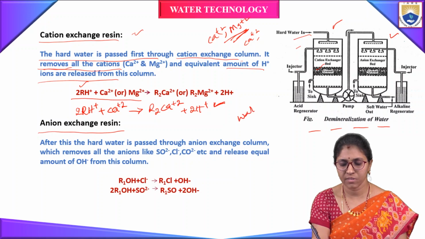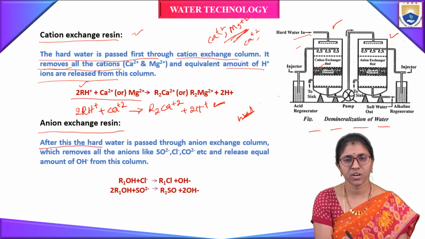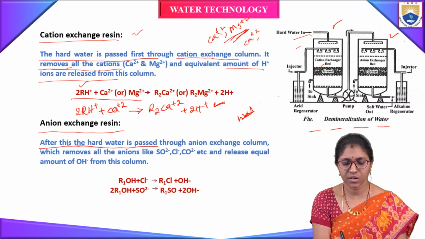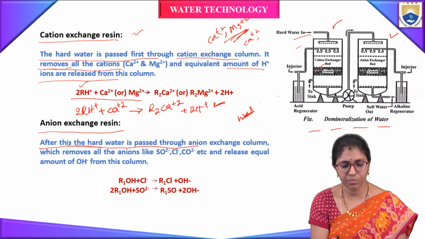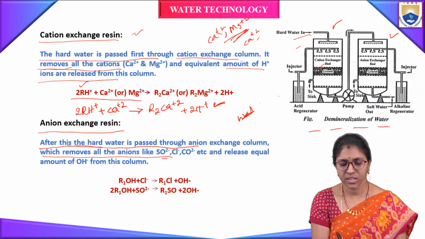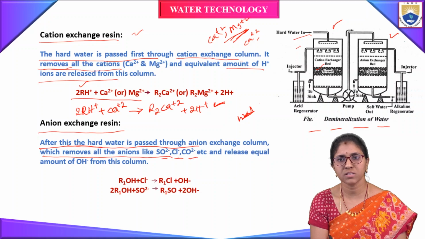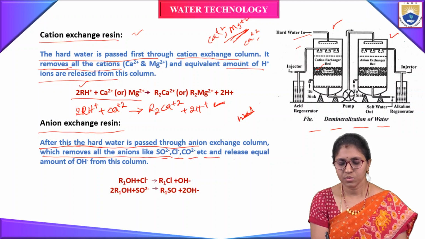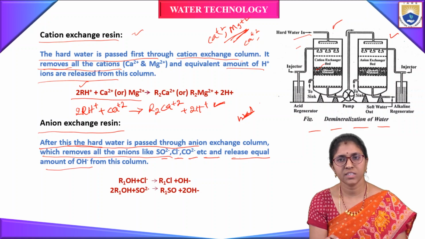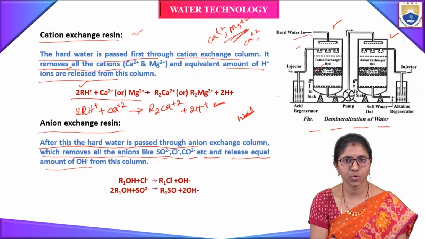Next, the water, which no longer has cations, is passed through the anion exchange resin. After this, the hard water is passed through the anion exchange column, which removes all the anions like SO4 2-, Cl-, CO3 2-, etc., and it releases an equal amount of OH- from this column.